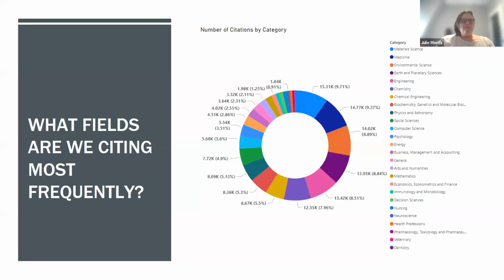And then what fields are we citing most frequently? I would suggest that this is really important to look at because in collections analysis, as collections librarians, we want to make sure that our collection is balanced in terms of who we're supporting. So this was really interesting to see.